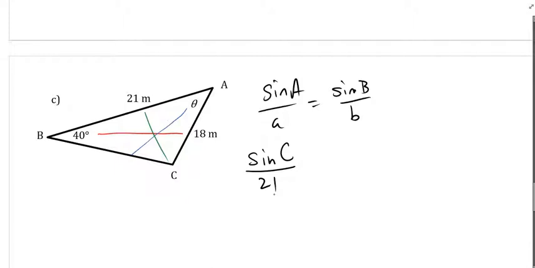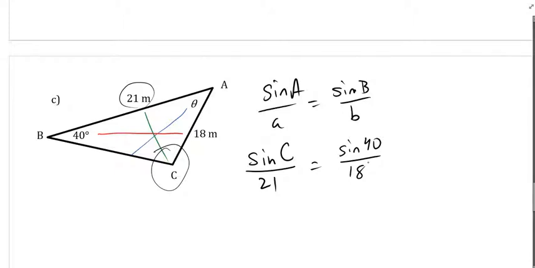I subbed C in for A. Why? Because that's what I'm trying to find. And across from it is 21, so I need to use that. And then it turns out I am actually going to use B for B, but that's just a fluke. You might do that or you might not. So sine 40 over 18.